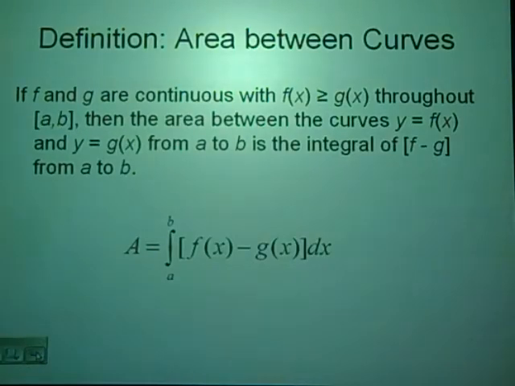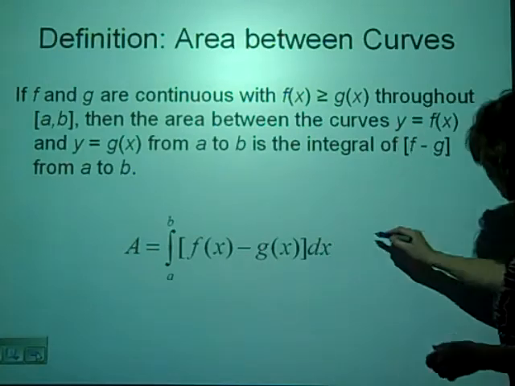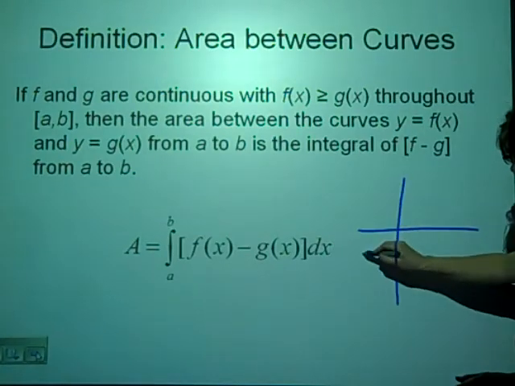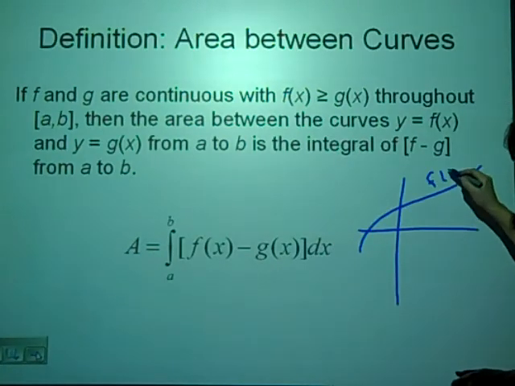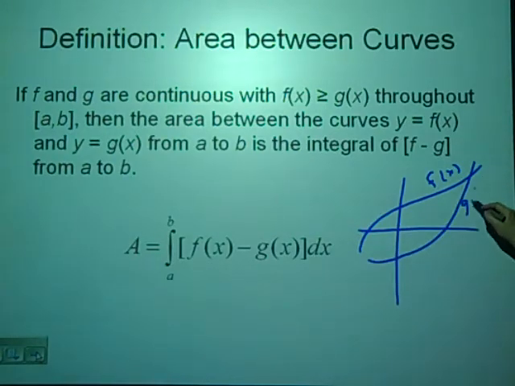Now, here's the first part we want to talk about, definition. We're going to work off the entire section. If f and g are continuous, with f of x greater than or equal to g of x, that means you have a function, f of x, and you have another function, g of x.